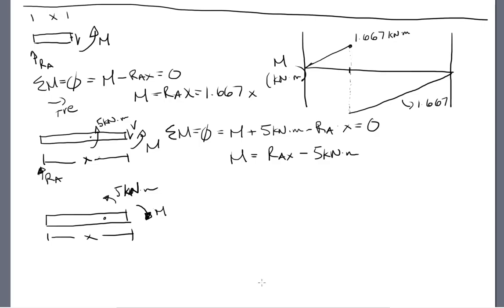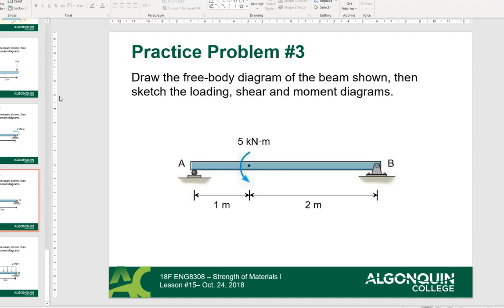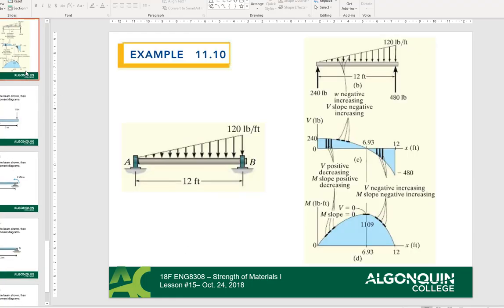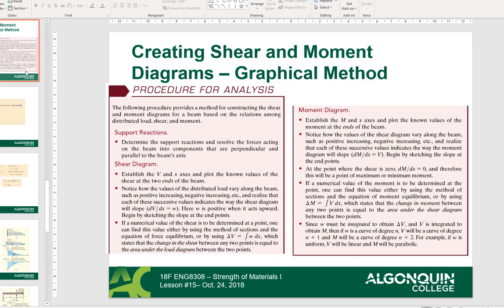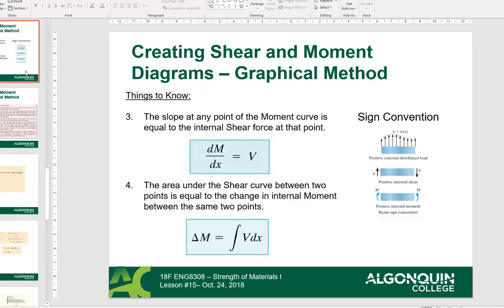And remember, if we go back to our presentation here, the smiley beam is positive. Remember this orientation right here? Smiley beam is positive. Frown beam is negative, is what I said in class, right?